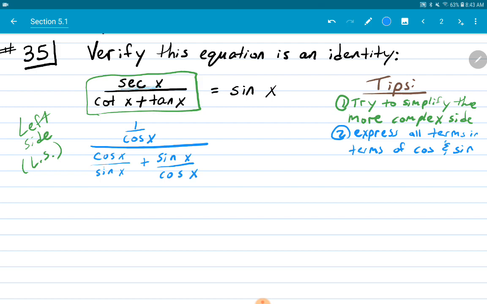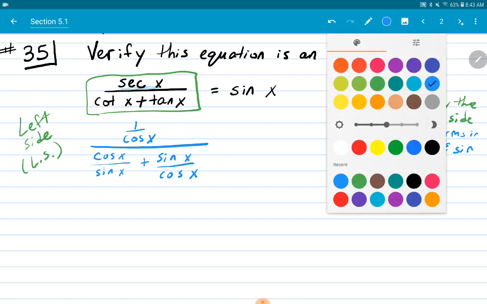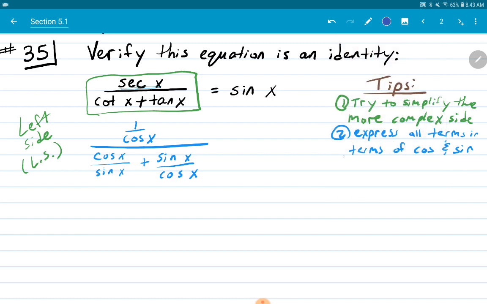Okay, now my numerator looks pretty simplified. So let's work in the denominator again. This is like working on the more complex side, trying to break it down. So this goes back to tip 1. And for this one, I'm going to add those fractions together, try to get one fraction out of it.